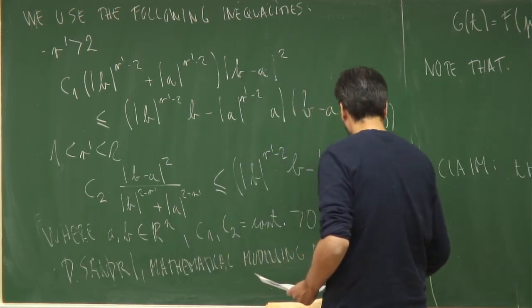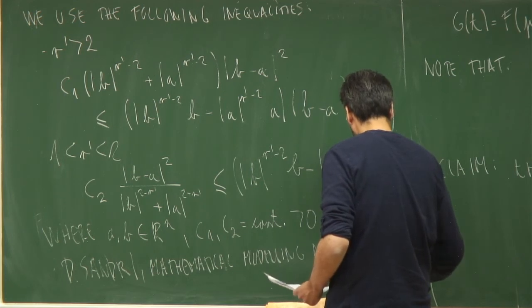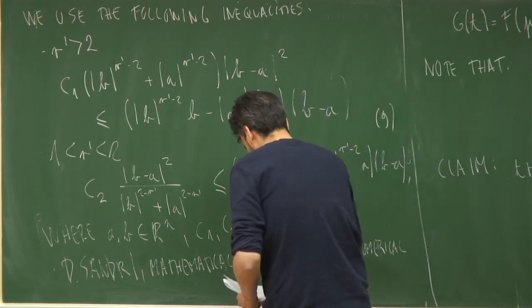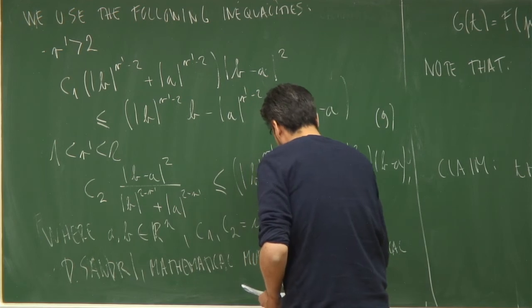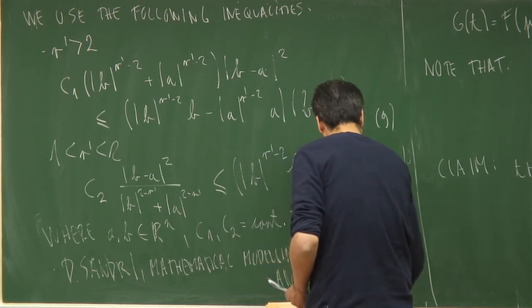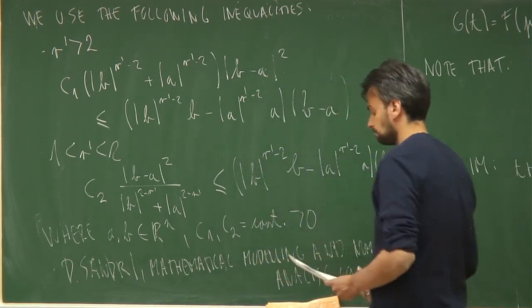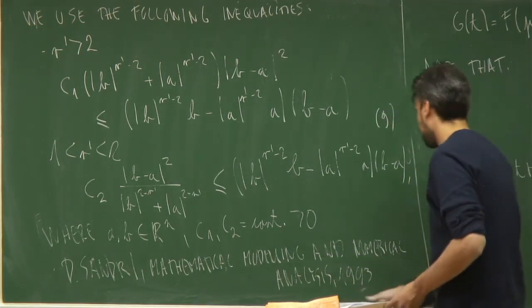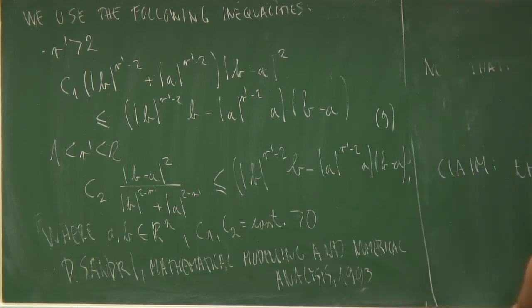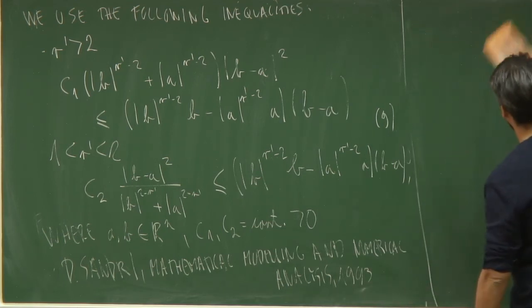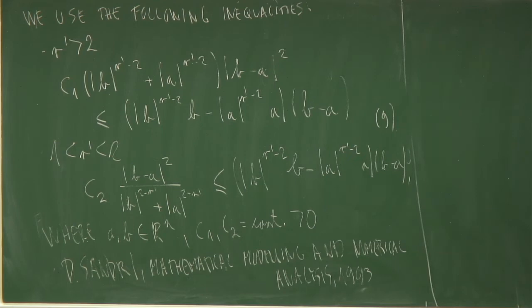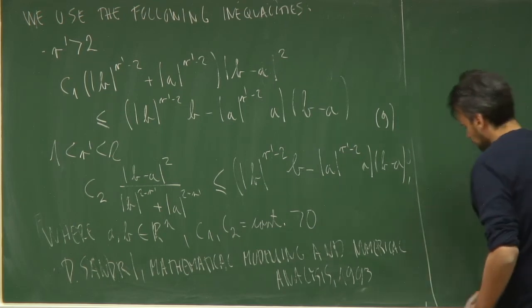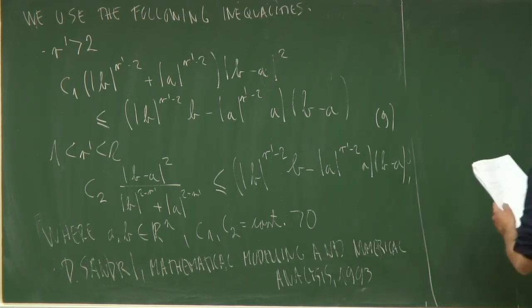It's from 1993, so it was proven then. When you have these two inequalities, you can check in the paper. It's a bit of computation, not too much, but it's good as an exercise.